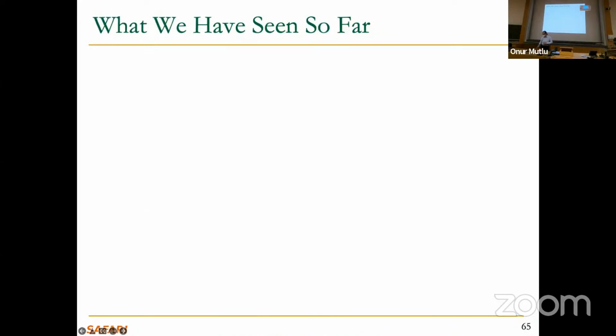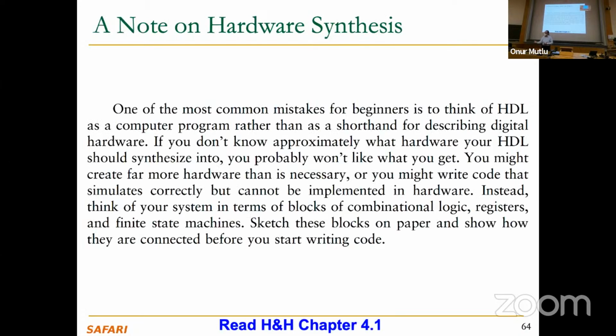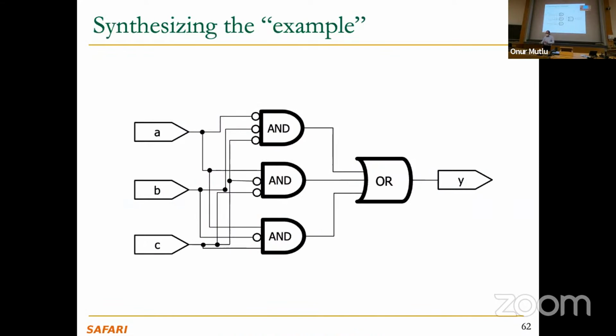Yes, please. How can we map the hardware on paper? Basically, how can you map to a cell library? You need to know what's in the cell library. Yeah, but I want to know what the FPGA is.